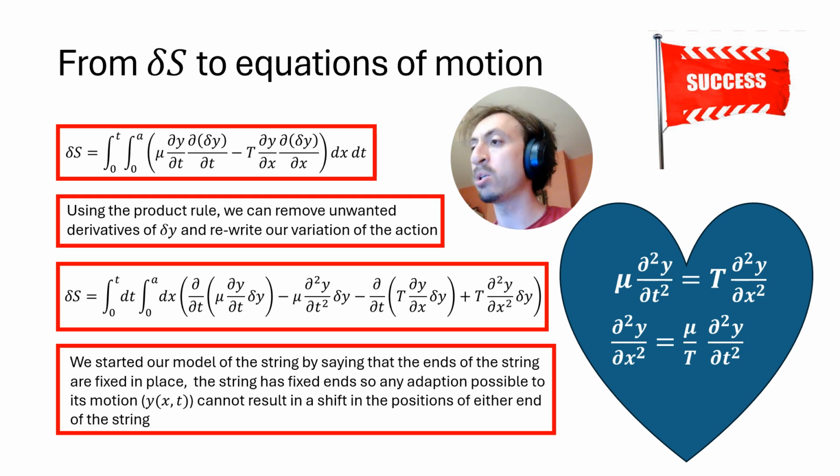But then I rearranged it into something more useful below. So these two equations, given also our boundary conditions, will ensure that delta S is 0. And so we have now finally succeeded in getting an equation of motion for a one-dimensional string.